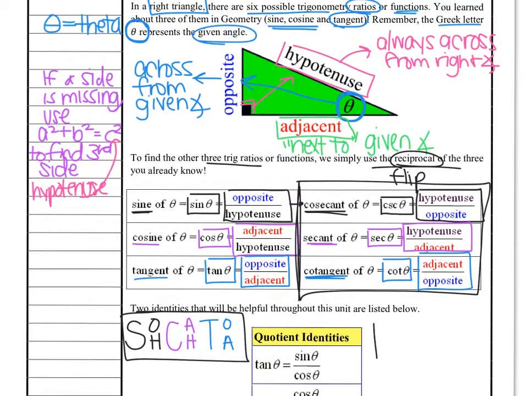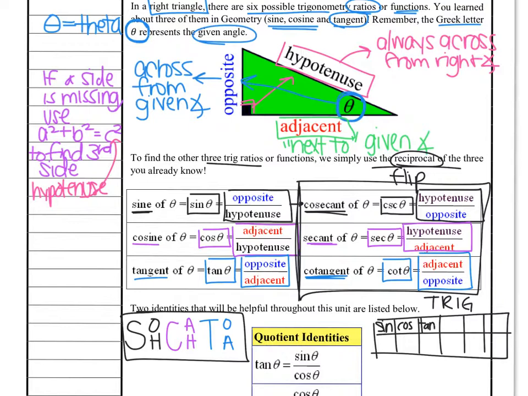If you forget where these are in the calculator, if you hit the trig button, you might want to write this down. If you hit the trig button, you'll notice that you have 6 pieces here. So we've got sine first, cosine second, tangent third, and then you'll see CSC, SEC, and COT.